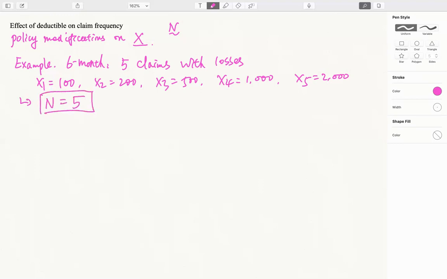Again, N is the number of claims within a specific risk pool. In my example, let's say there are 10 policies. In the end, 5 of them came back with claims, and we have the claim sizes down here. So it's obvious that if we assume there is no modification, N would be 5 for this specific risk pool over the 6 months window.